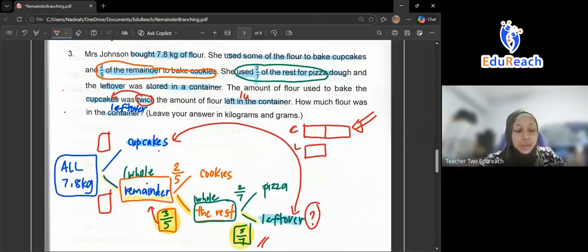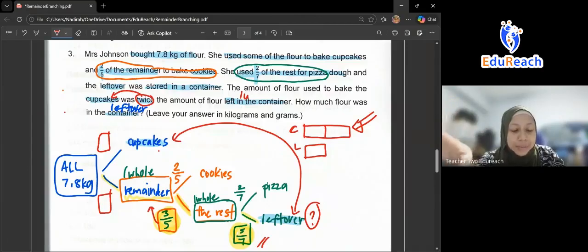What they did was to give us cupcakes and the leftover, which is right at the end of the branch. So this is why this question has become complicated. And I don't blame you, really.